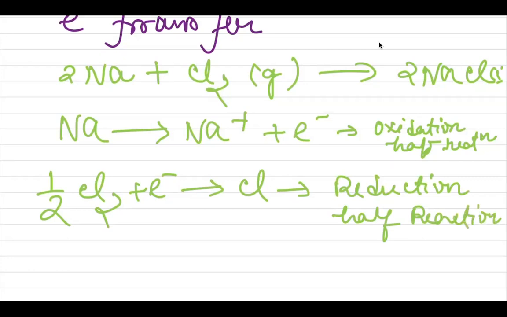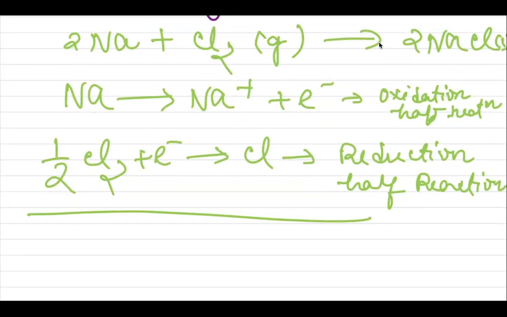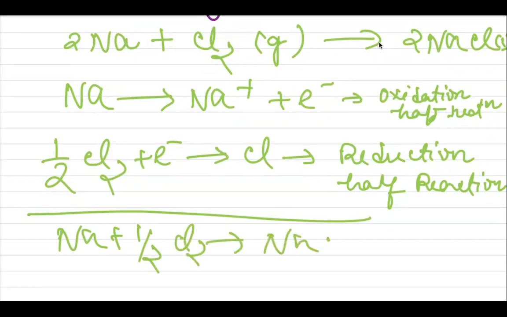If we add these two, we get sodium plus half Cl2 gives NaCl. This is actually the whole reaction. So if an electron is removed, that is oxidation. When an electron is gained, that is reduction.